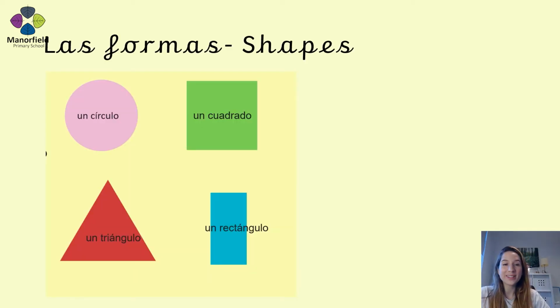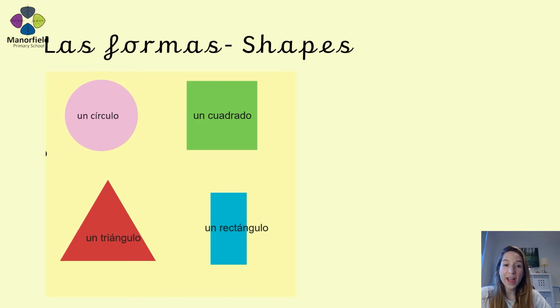Las formas, shapes. We've got some shapes here on the slide and I'll go through them with you. We have a circle. In Spanish we say un círculo. We also have a green square, and in Spanish we say un cuadrado.